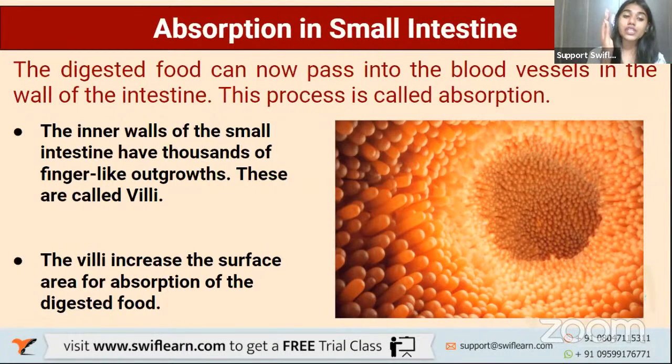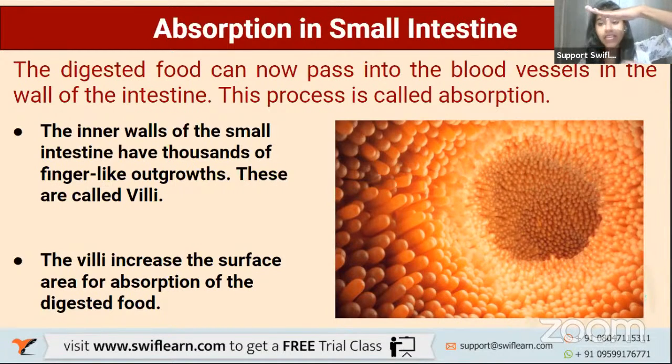The main function is that villi increase the surface area for absorption of food. Imagine this is the wall of the small intestine from the inside. If food gets absorbed only here, the surface area is less. Now imagine a finger-like projection, that is the villi.